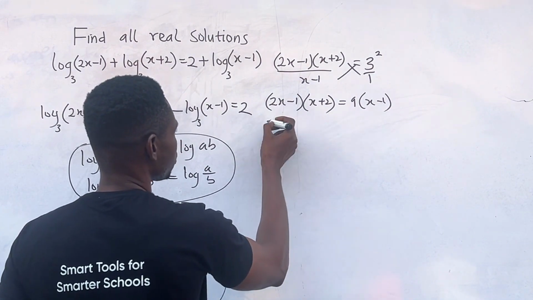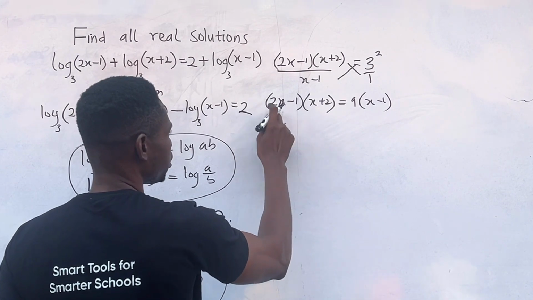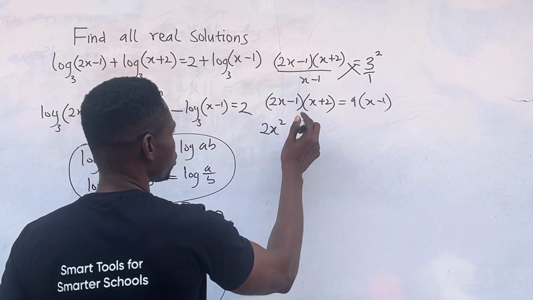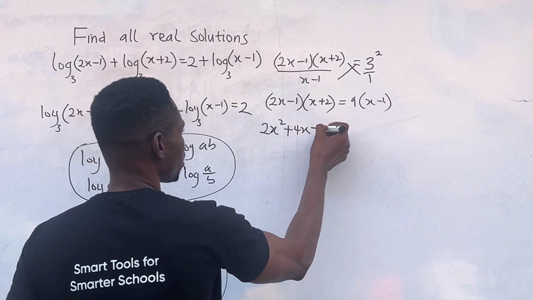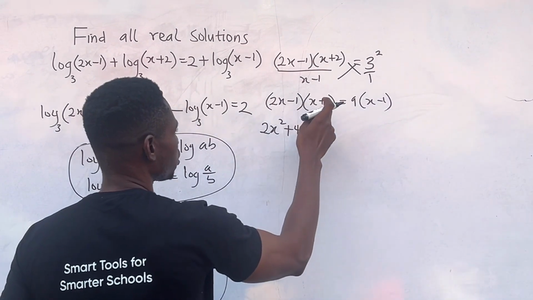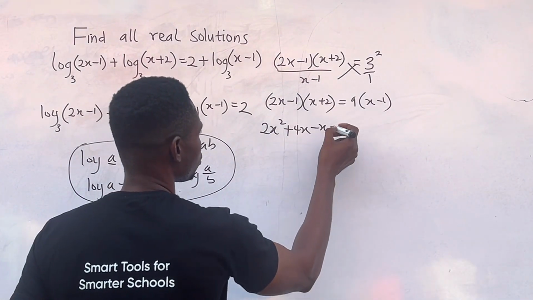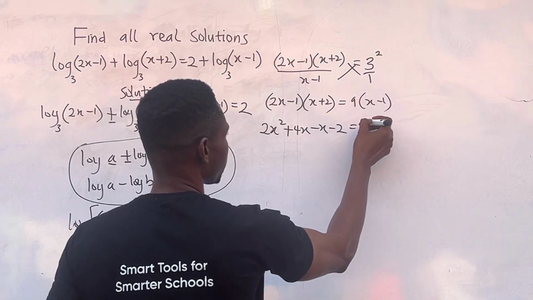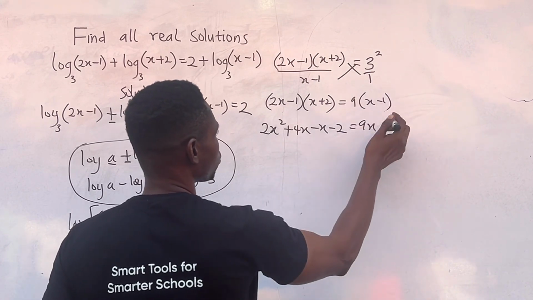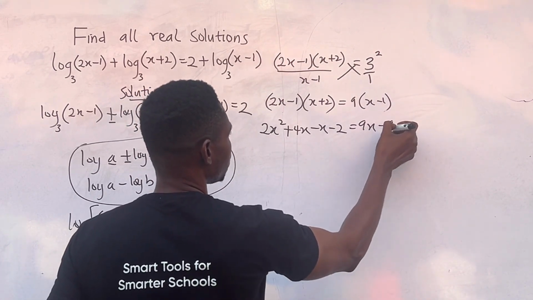So this will give us 2x squared, it's 2x times 2, that's plus 4x, minus 1 times x, that's minus x, minus 1 times 2, that's minus 2, equal to 9 times x, that's 9x, and 9 times 1, that's 9.